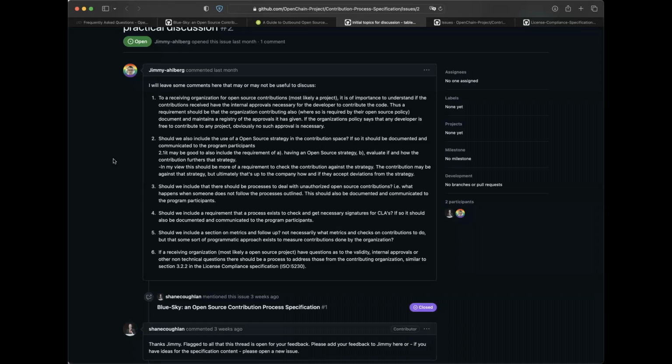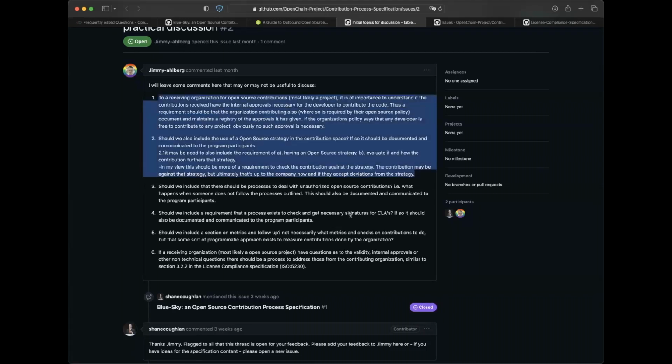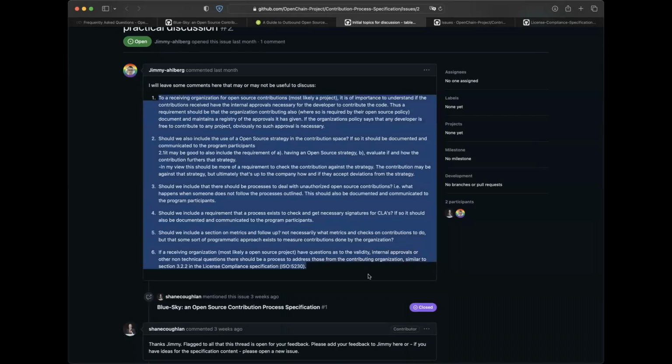Yeah, I think it's in scope. Our standard is about contribution, not just inbound, we're not tied to that, or not just outbound. So I think it's in scope to have some part of this standard relate to what if you were soliciting contributions. And a lot of it's the same: have a policy, have processes, tie it to business goals, have a communication method.